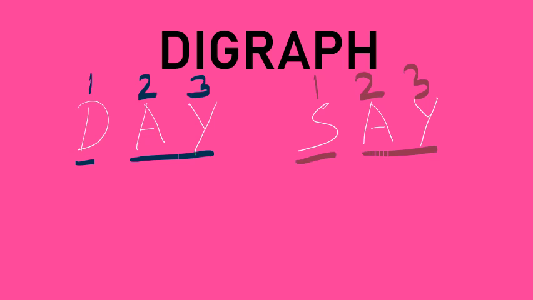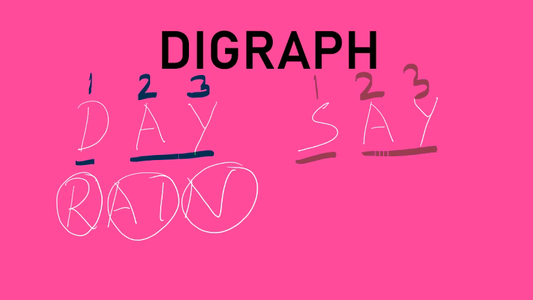We have some more examples like R, A, N. Three sounds, but four letters.